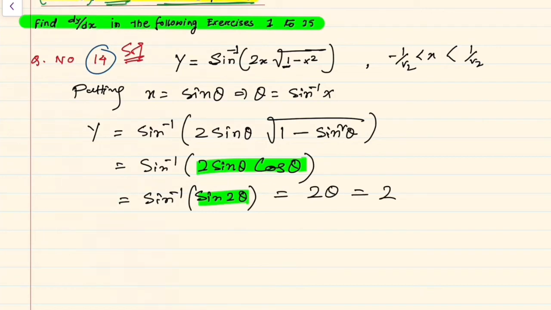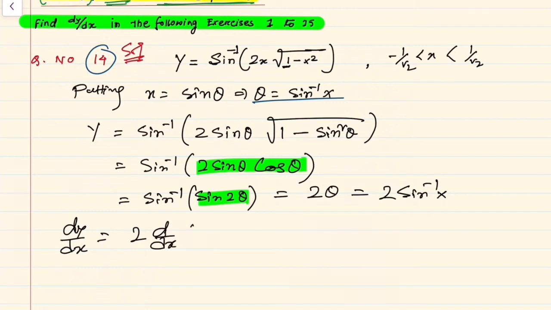Now theta is replaced by sine inverse x, because you know theta is equal to sine inverse x. So now find the derivative: dy by dx is equal to 2 d by dx of sine inverse x. So what is the derivative of sine inverse x?